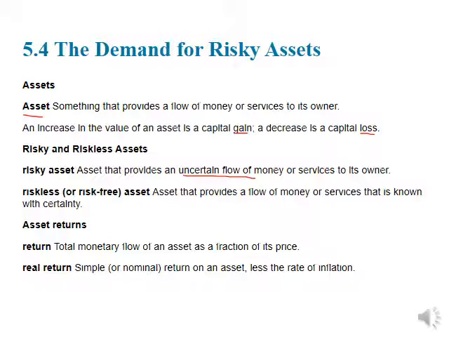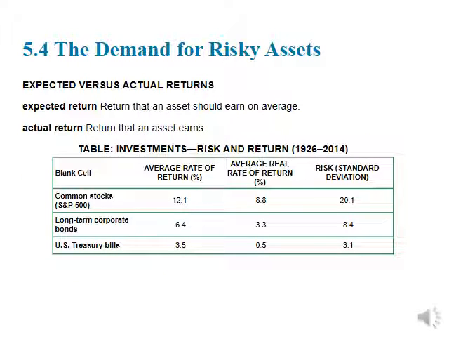The monetary flows that one receives from these asset ownerships can either be explicit, like a payment, or implicit in the form of increased or decreased value. What we see in practice is that assets that offer higher average rates of return also expose us to greater risk, and lower rates of return expose us to less risk.